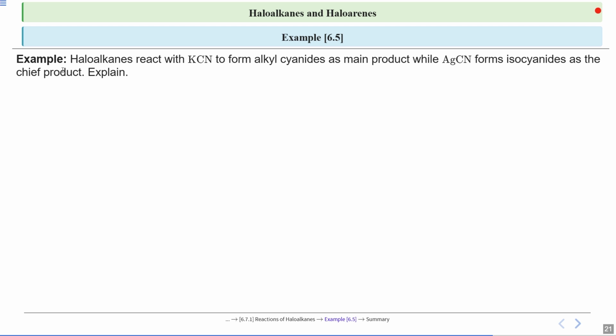So the example is asking that when you react haloalkanes with potassium cyanide, they form alkyl cyanide, but when you use silver cyanide with haloalkanes, they form isocyanides. Why is this happening? You have to explain it. You have been given some time. Try to analyze this question, and then we will see the correct explanation.